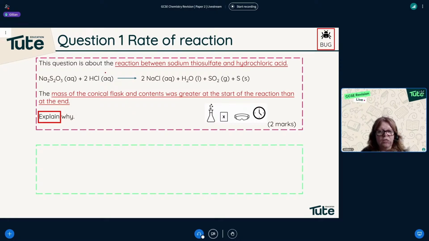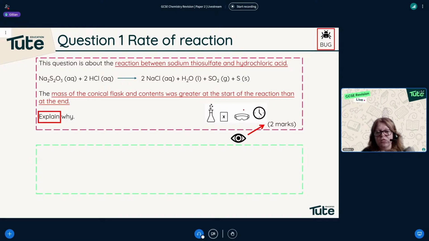We have got our balanced symbol equation here for that chemical reaction. The mass of the conical flask and contents was greater at the start of the reaction than at the end. And we just need to glance at the number of marks. So this is a 2-mark question, so we need to make 2 key points.